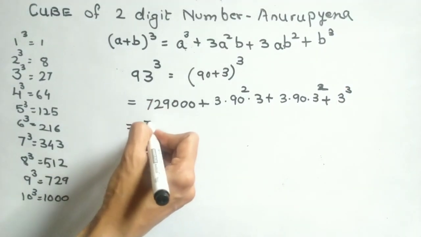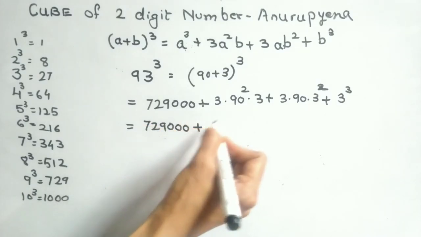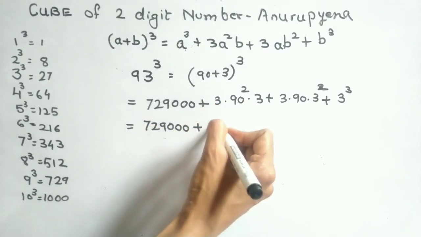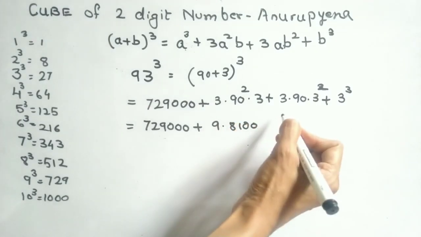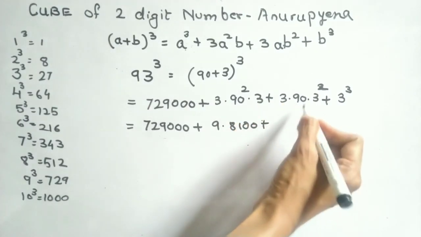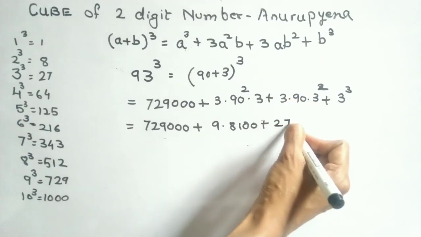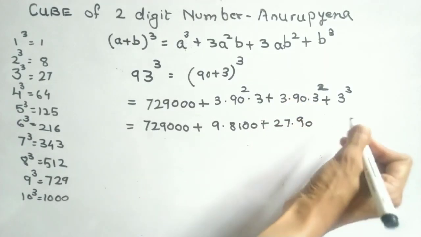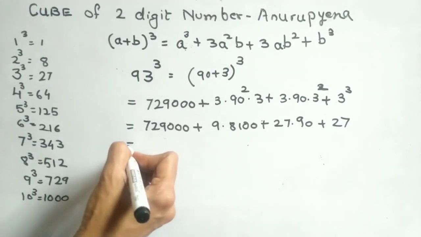Now let's expand this. 729000 plus, this will be 3 3s are 9 into 8100, that is 90 square. Then here we will be having 3 3s are 9, 3 9s are 27 multiplied by 90, plus we have 27 over here.